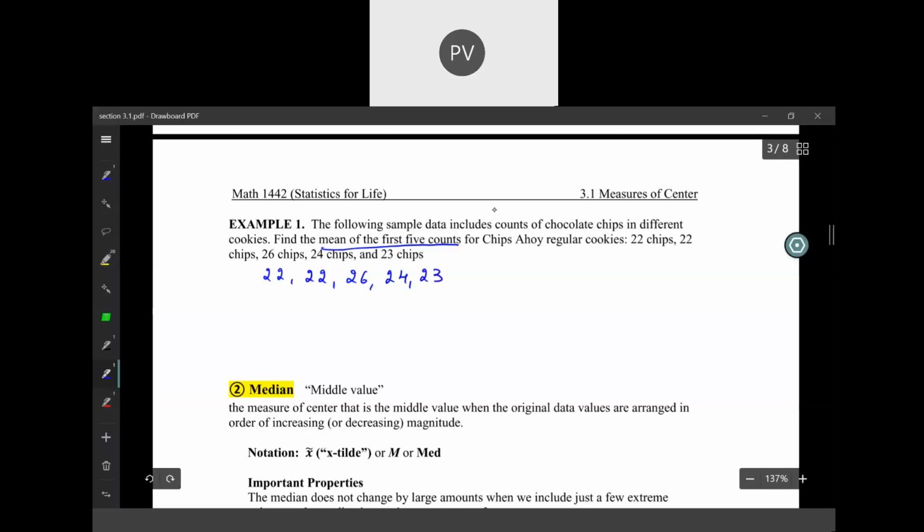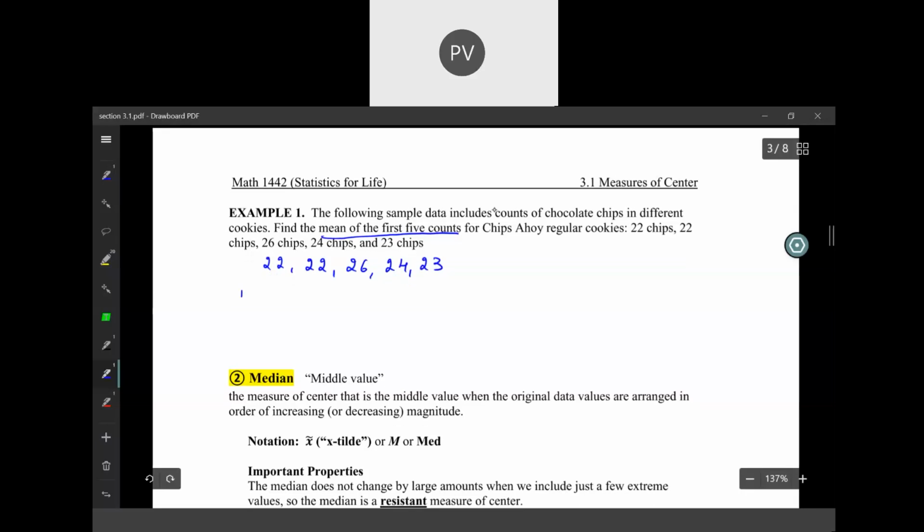These are the numbers given in example 1. Now, what is the formula for mean? Mean is equal to summation x by small n. Summation x means the sum of all the data values. How are you going to compute the summation x? Simply add all the values.